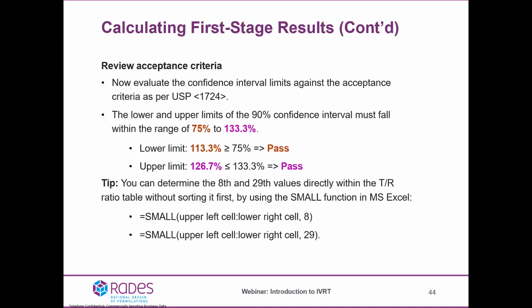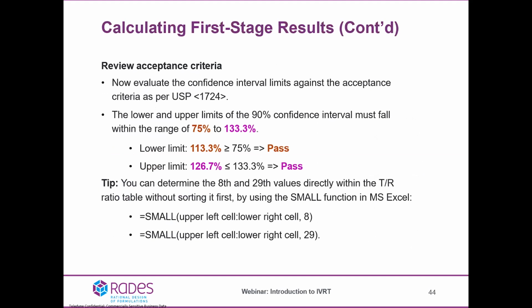According to the USP guidance, those limits should be within 75 and 133.33%. In our example, those values are within the range and therefore the acceptance criterion is fulfilled.